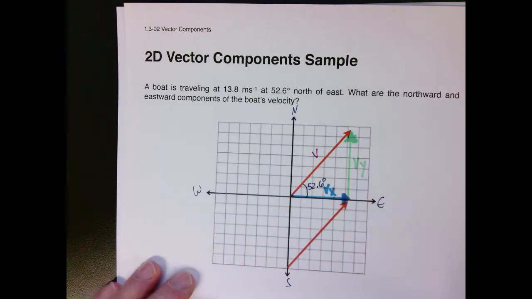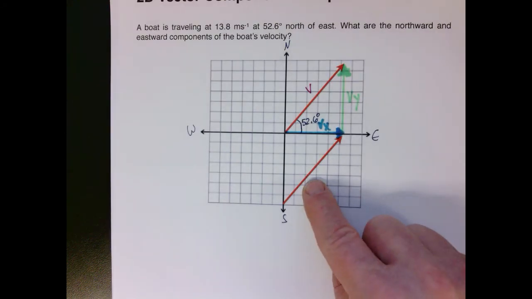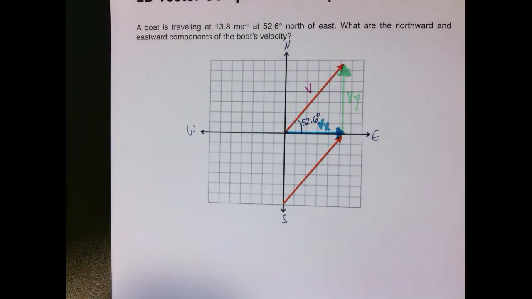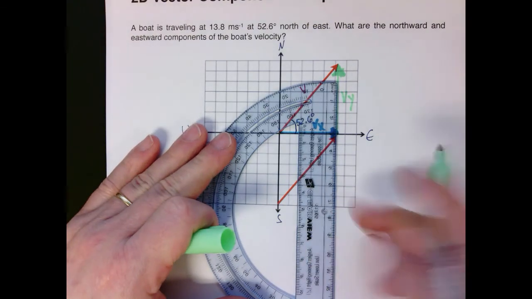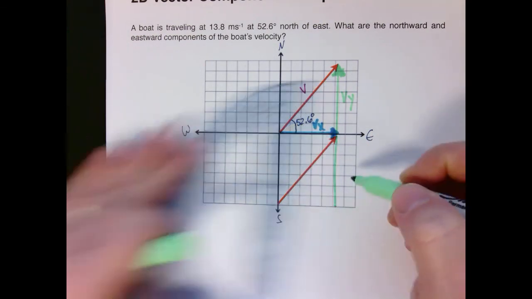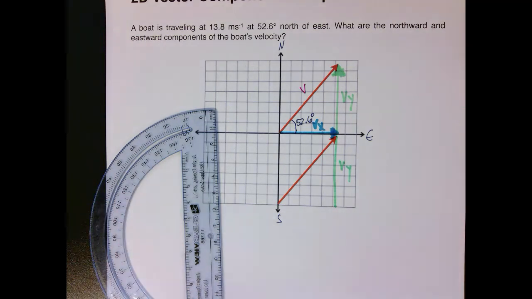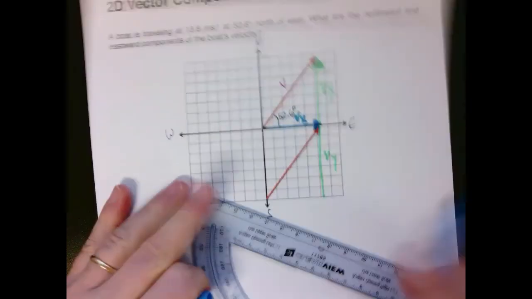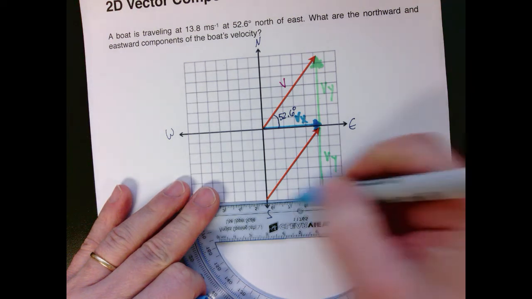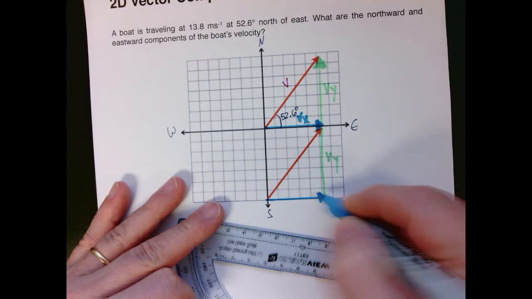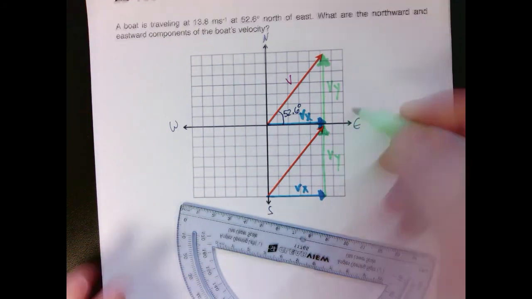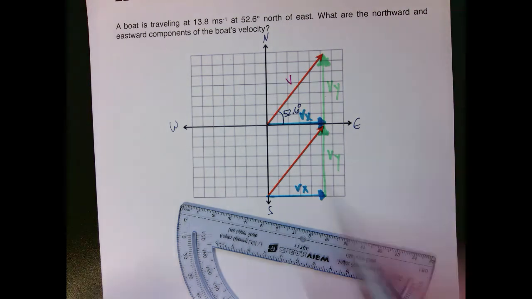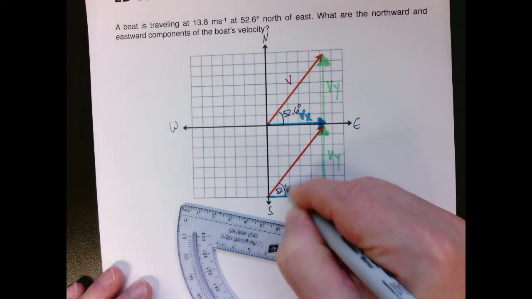and if we added Vx and Vy, we would end up with this overall vector V. Now, interestingly enough, I drew the same vector down here to illustrate a point that I was making before. If I were to break this down into Vy and Vx, this angle here is also 52.6 degrees.